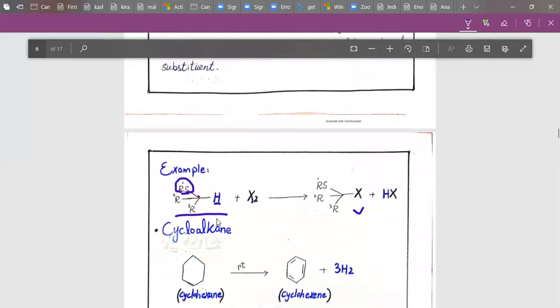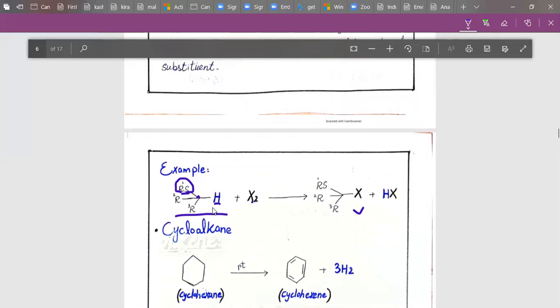Here I take an example. These are the alkyl and these are alkyl sulfide. This is a functional group. So when alkyl sulfide is directly attached with carbon, this carbon is called alpha carbon, and the hydrogen attached with this carbon is called alpha hydrogen.